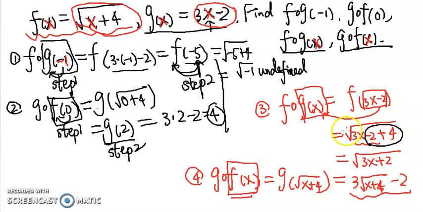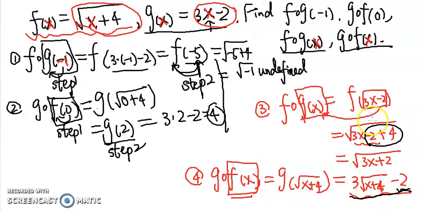That's why it's very important to write clearly how long your radical line is. It stops right here, so this minus 2 cannot be combined with that plus 4. The square root cannot be simplified, 3 times this cannot be simplified, and minus 2 we can't either. So this is the final answer.